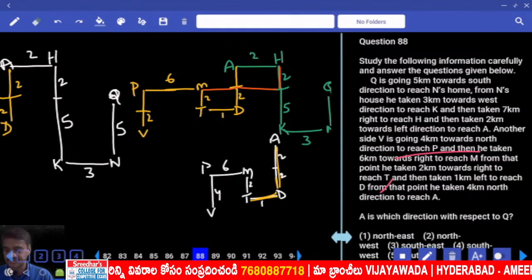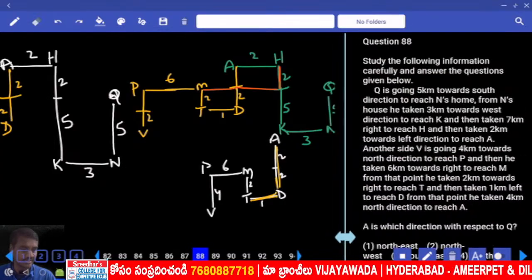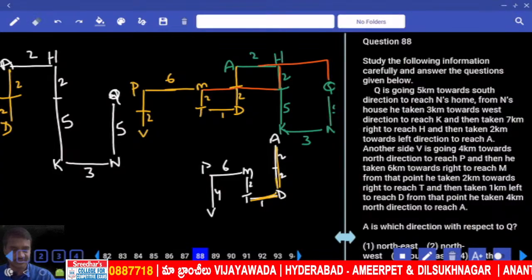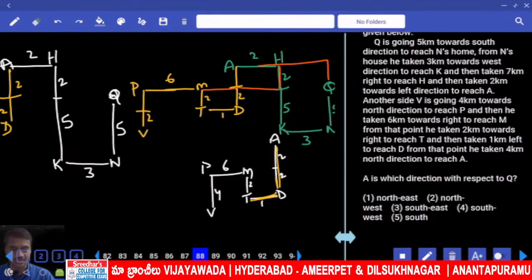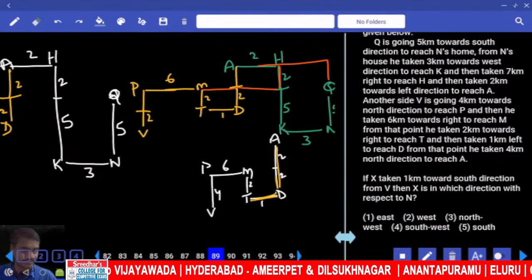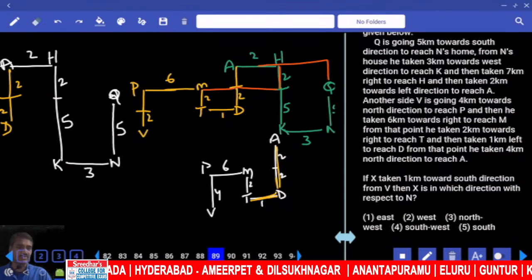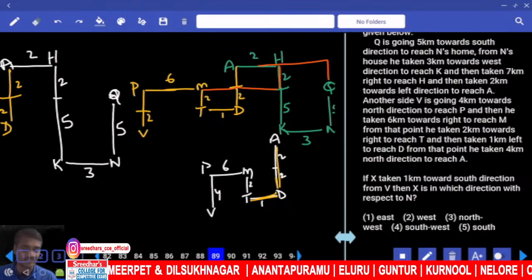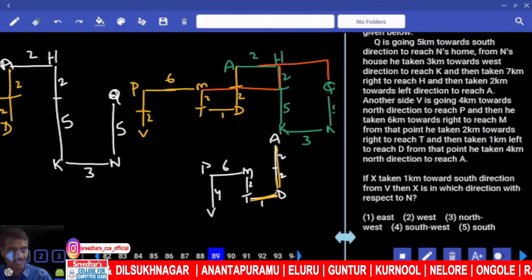The next one, 88. Now in this 88, A with respect to Q. A is in which direction with respect to Q? North and west, northwest. Now northwest is choice 2 in 88. Then 89, if X has taken 1 kilometer towards south direction from V. From V how much more? 1 more.